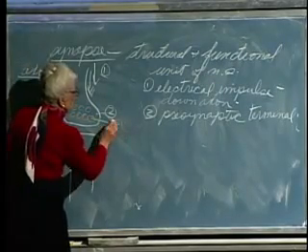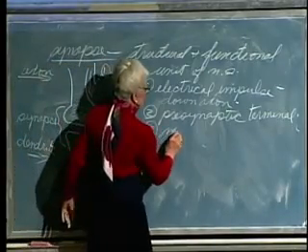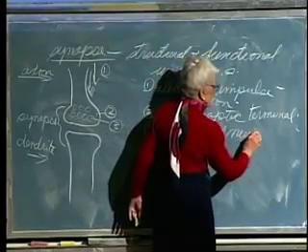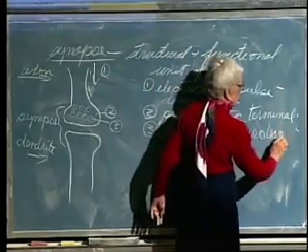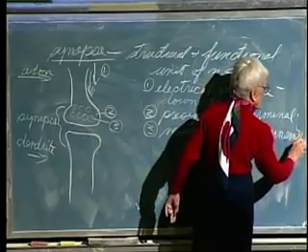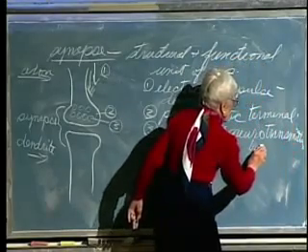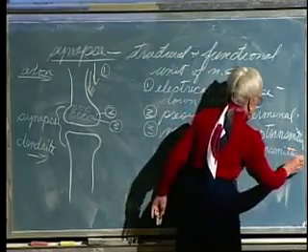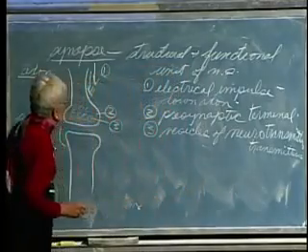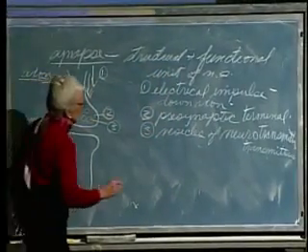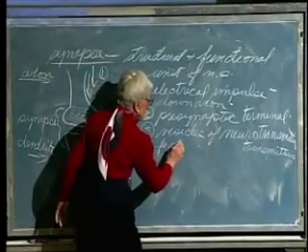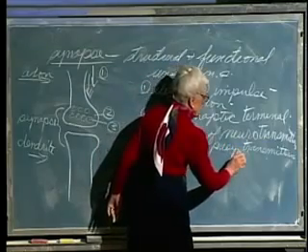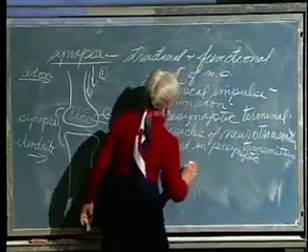So 3 will be vesicles of neurotransmitters. The neurotransmitters are formed in the presynaptic terminal.